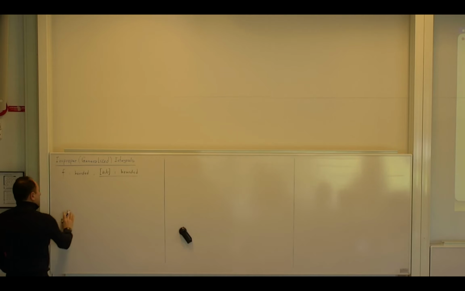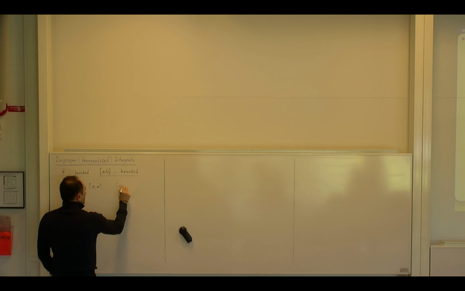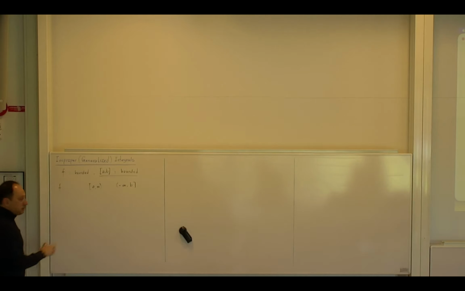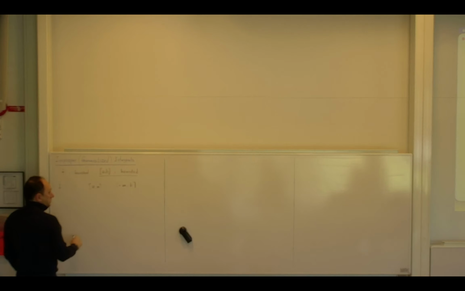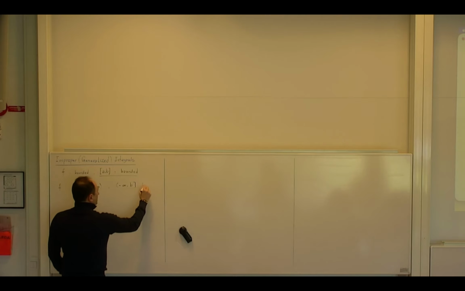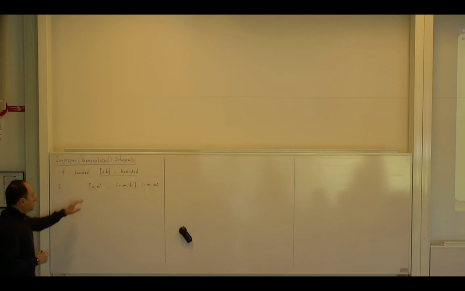So for example, I have a function f which is still bounded, but instead of looking at these intervals, I want to look at intervals that start from a and go to infinity, or start from minus infinity and go to some number b. So now I want to replace this bounded interval by an unbounded interval. And of course, the next unbounded interval is if I start from minus infinity and go directly to infinity. So these are unbounded intervals.